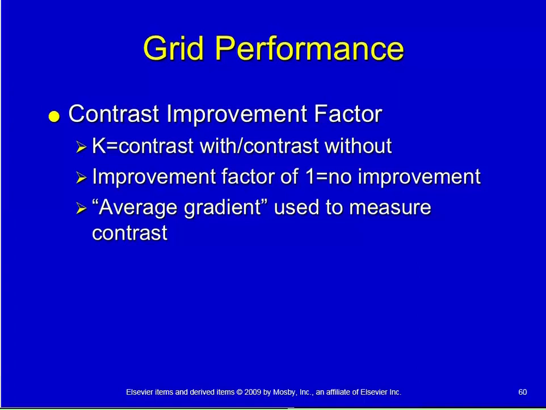So if you have a contrast improvement factor of 1, then just like your average gradient, if it goes up basically at a 45-degree angle, you have no improvement at all. With a contrast improvement factor of greater than 1, then you've improved your contrast. So if you have a 1.5, then your contrast would be 0.5 better with a grid than what it was without it.